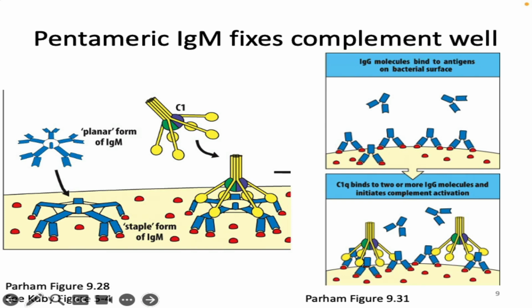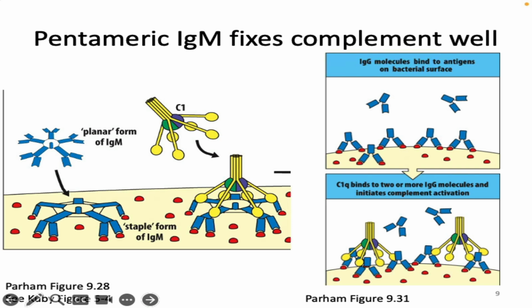The reason why IgM is such a star at activating complement is because it makes that pentameric structure that I showed you, where it has 10 binding sites for antigen, but also 5 Fc portions. This structure, geometrically, is a perfect match for C1.